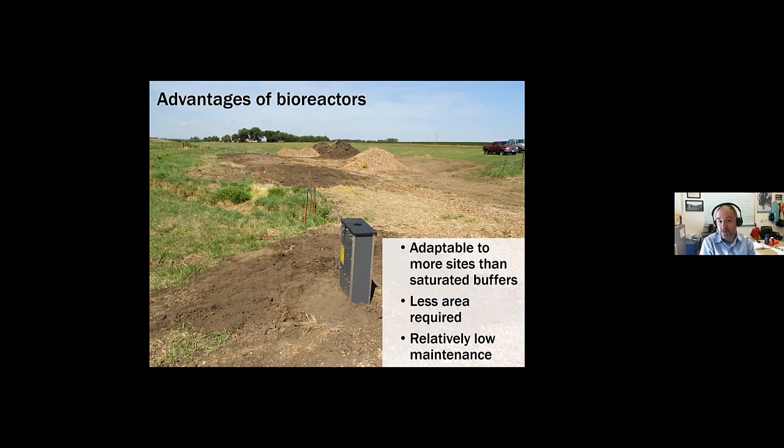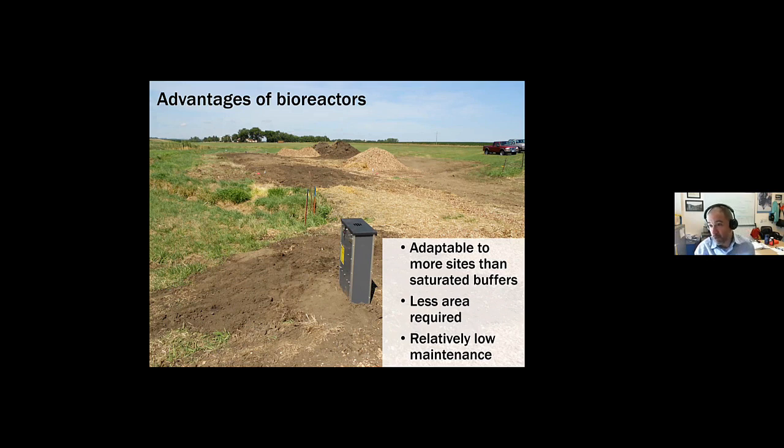Less area is required, so we're talking about a pretty small footprint. I mean, it's a big footprint when we think about how many wood chips have to go in there, but it's a relatively small footprint when we think about a field area. We might have a tenth of an acre collecting water from 100 acres or 50 acres.